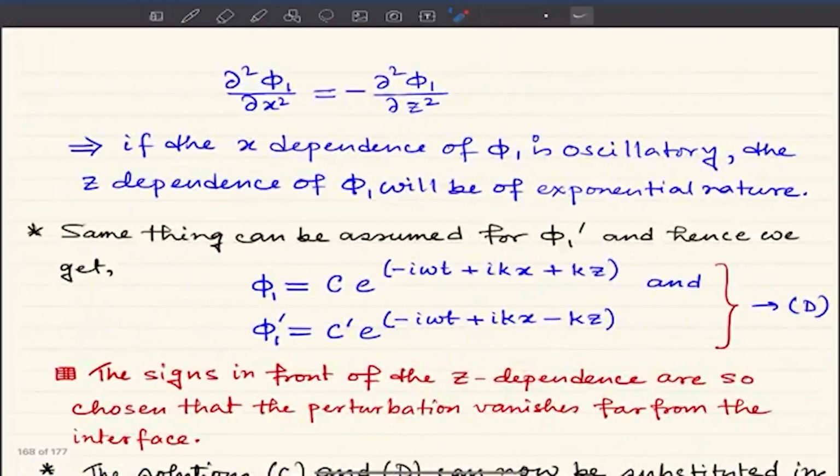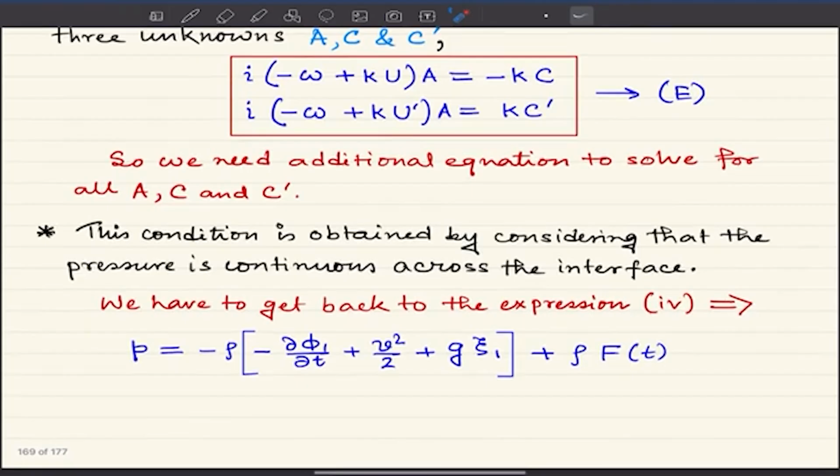Then for any fluid we can write P is equal to minus rho times (minus del phi 1 del t plus v square by 2 plus g times xi 1) plus rho times f of t. Here rho is just a constant, g is the gravitational acceleration, and xi is the displacement, so this represents the term of the gravitational potential.